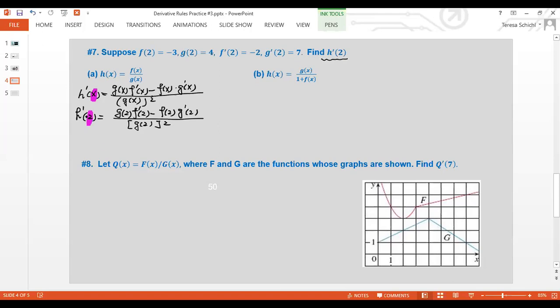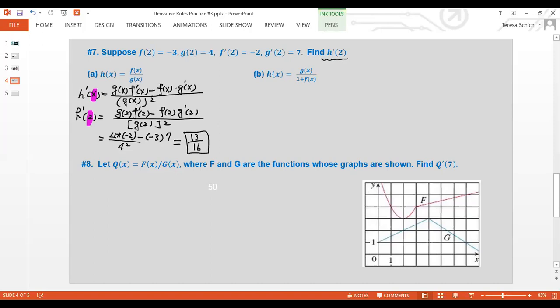Okay, so g of 2 is what? g of 2 is 4, so this is 4 squared. And g of 2 is 4, f prime 2 is negative 2, so it's 4 times negative 2, then minus f of 2, which is negative 3, times g prime 2, which is 7 here. So just be very careful about the algebra and get the answer. It's 13 over 16 here.